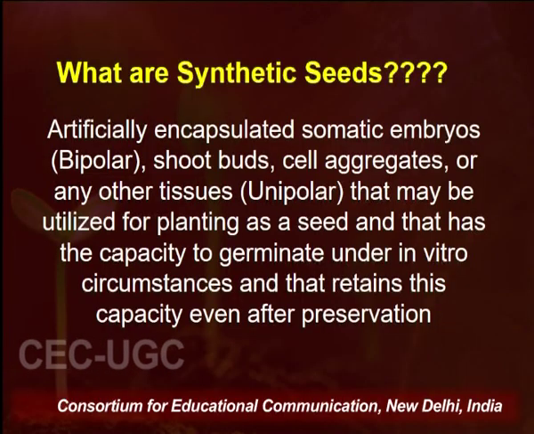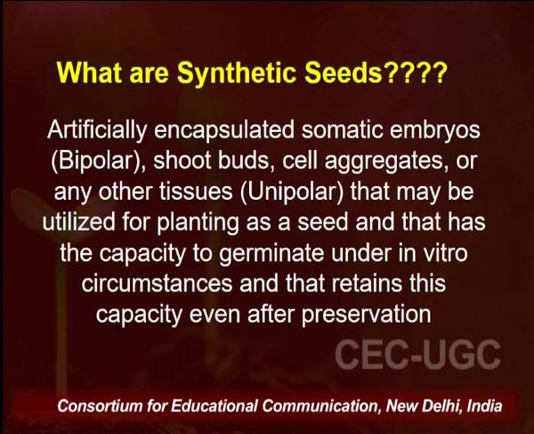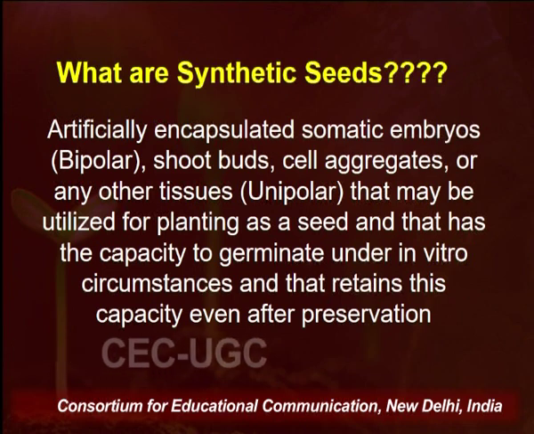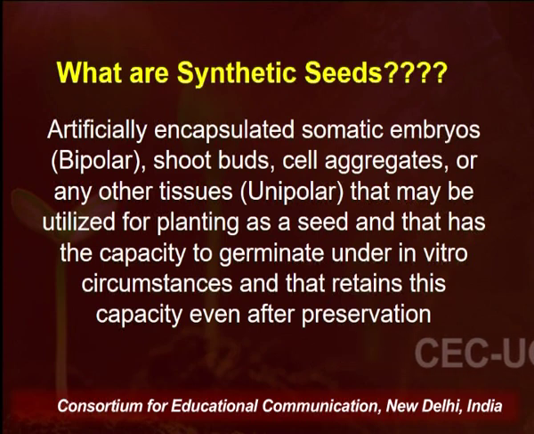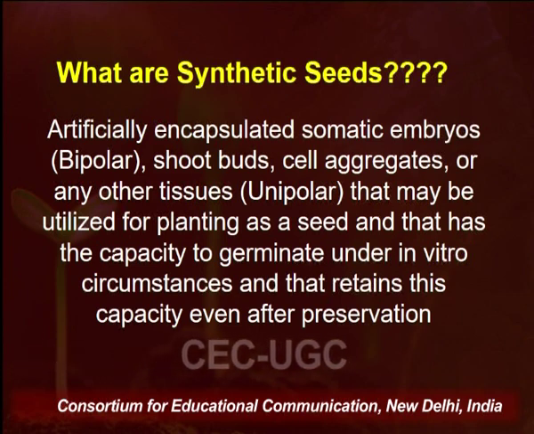So the simple definition of synthetic seeds could be artificially encapsulated somatic embryos or any other suitable explant material, like shoot bud, cell aggregate, or any other tissue that may be utilized for planting as a seed, that has the capacity to germinate under in vitro circumstances and that retains its capacity even after preservation.